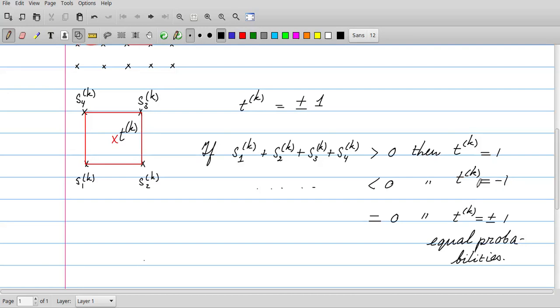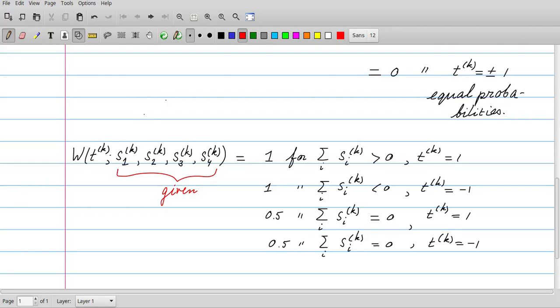So what do we do if we have 2 spins plus 1 and 2 spins minus 1? Well, then we just choose at random a plus or a minus with equal probabilities, because there's no reason to give a preference to +1 or to -1. So it seems like a slightly arbitrary recipe, but it makes sense, as we will see.